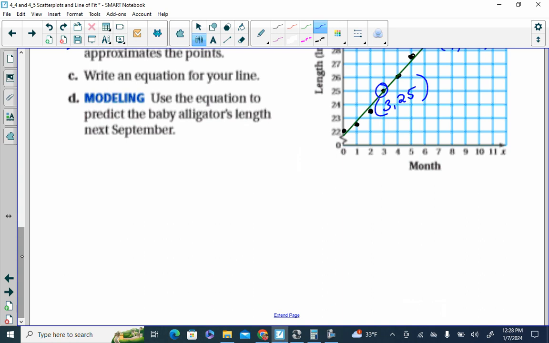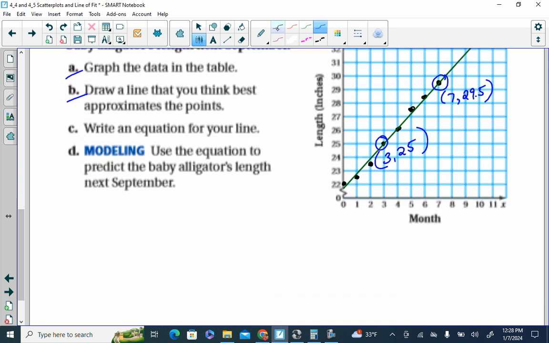Now we go about writing the equation. And when we write the equation for a line of fit, the first thing we need is the slope. So we're going to start with m is equal to 29.5 minus 25, over 7 minus 3. 29.5 minus 25, what's that, 4.5?